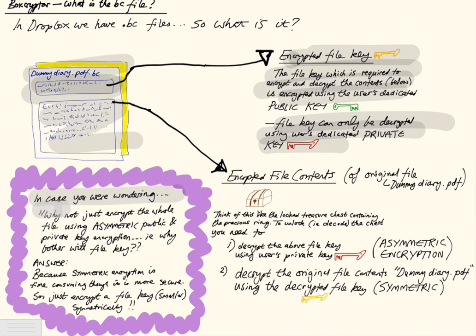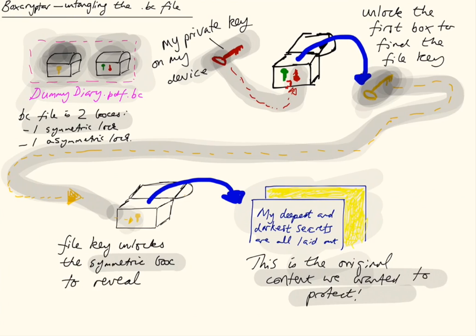That's fine. So then I just want to go over this point in case you're wondering, why not just take the entire file contents and encrypt them using the user's public key and then decrypt them using the user's private key? Effectively, why use two treasure chests here when you could just put the actual document in this one?